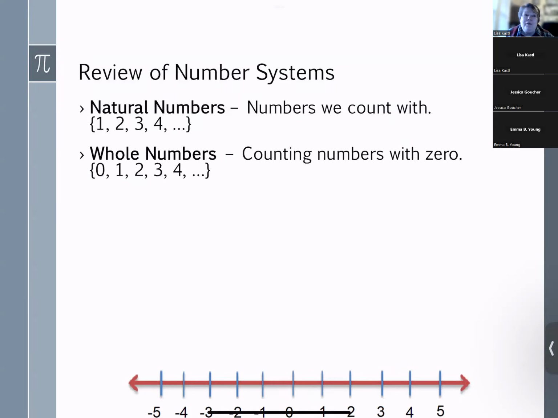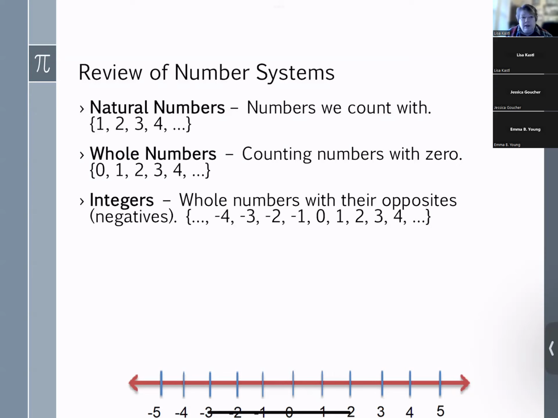Or if you've ever overdrawn your bank account, you learn the concept of negatives pretty quick. So we need negative numbers, numbers that are less than 0. We add the negative numbers to the whole numbers, and we get the set called the integers.